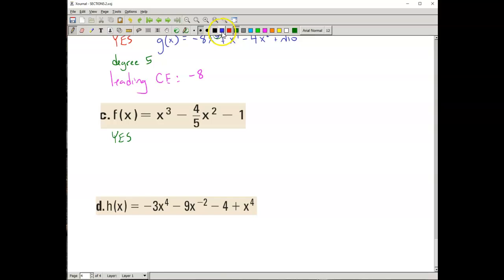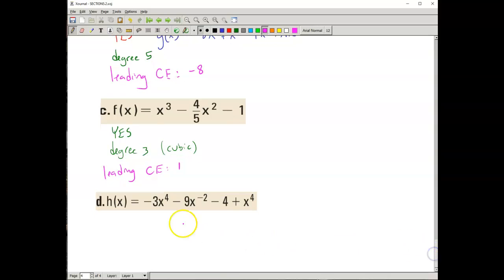The type here, this is a degree 3 polynomial, also known as cubic. And the leading coefficient here is just 1.